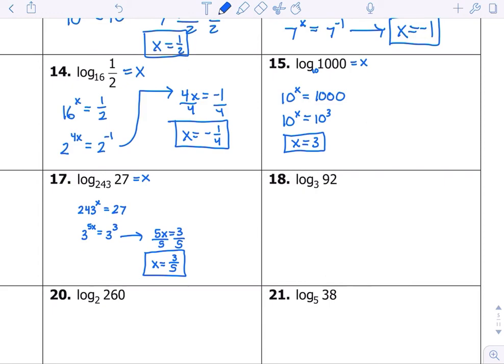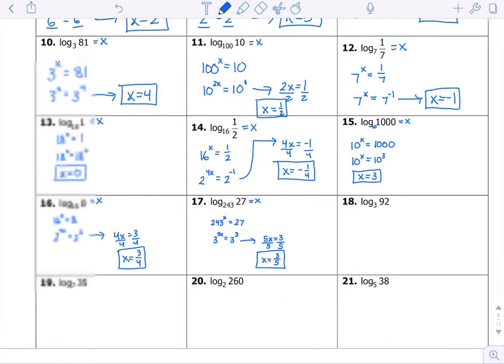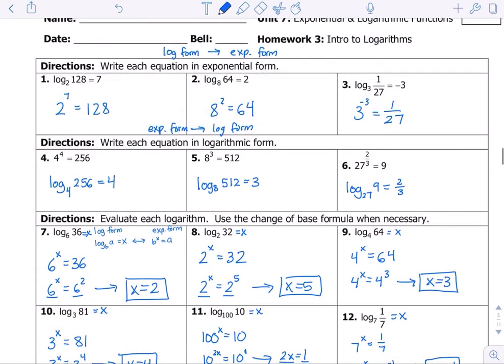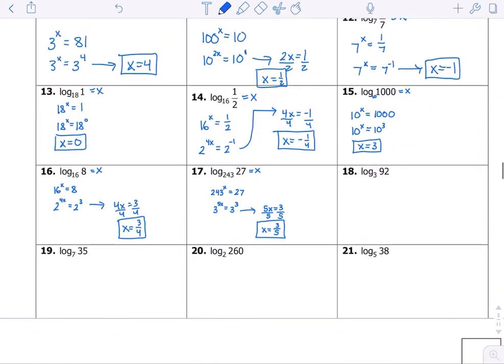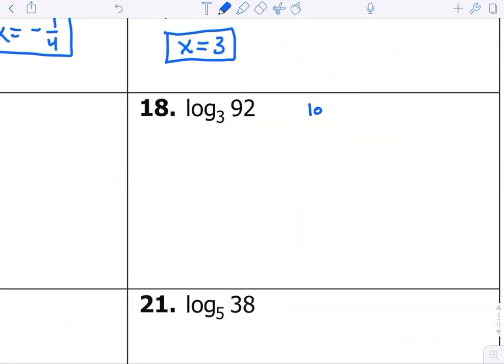What you have to do is the change of base formula. So the change of base formula, you guys, is log b of a, okay? That's going to be equal to, this is the change of base formula, log of the argument over the log of the base.